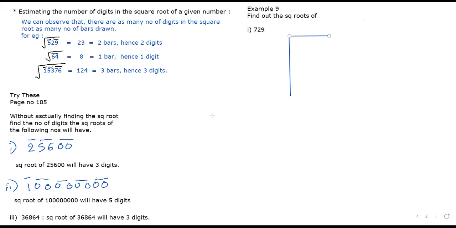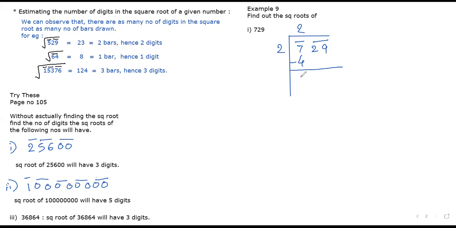First, we have to make bars. So first bar over 29 and 7. Next, 1 ones are... no, we don't take 1 1s. We have to take square numbers: 1 1s, 2 2s, 3 3s. 2 2s are 4.